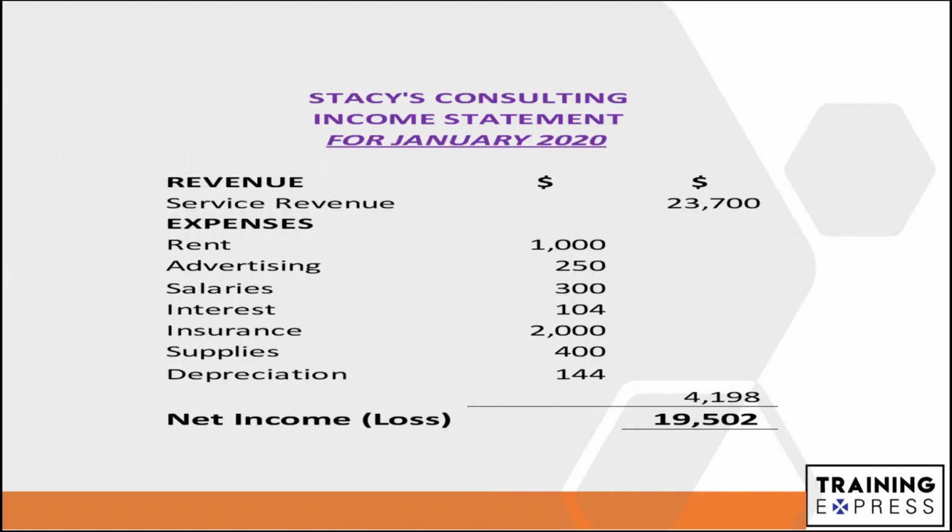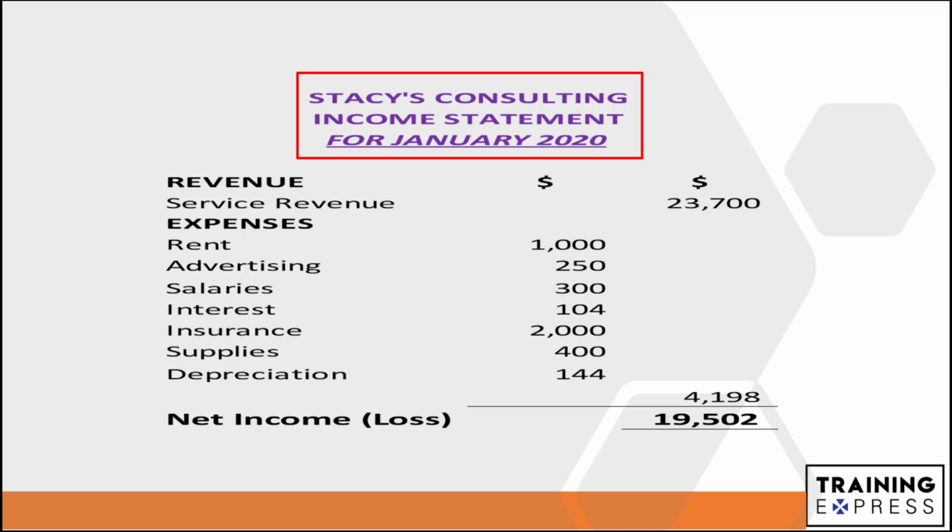Now from this trial balance we can easily prepare our financial statements. First of all, we will prepare the income statement. So try to note the title of this financial statement. At the top, you will see the business name. In the second row, you will see the name of the financial statement.